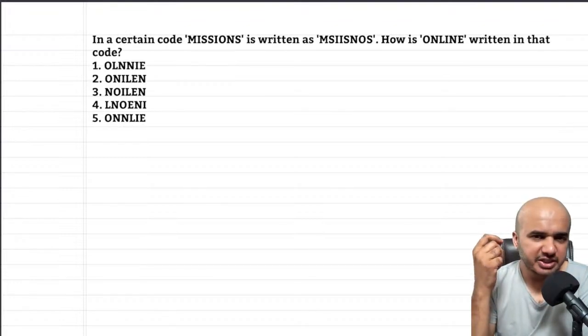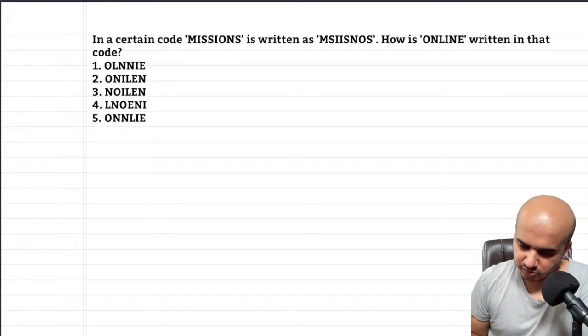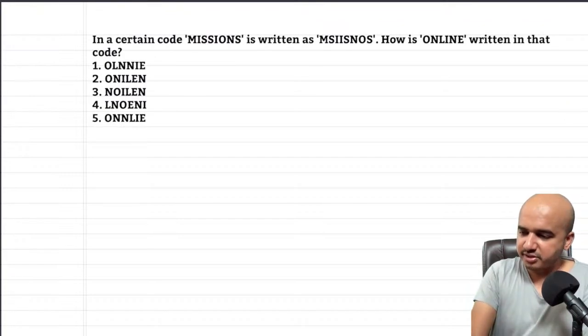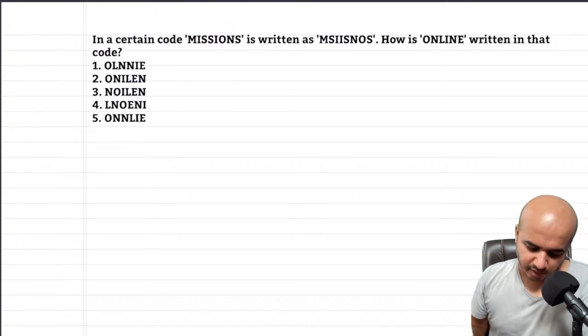In a certain code, missions is written as MSIISNOS. If that is the case, how do we decode now? Let's see what we can do.